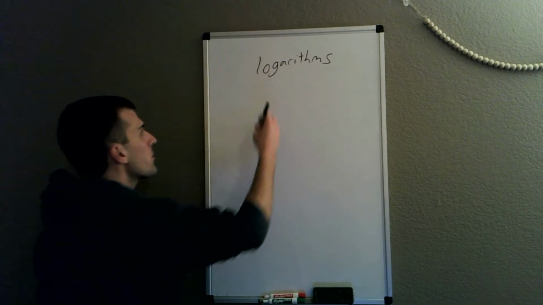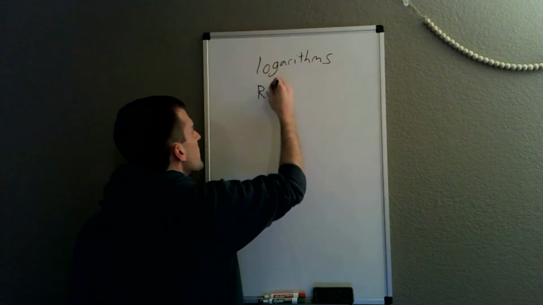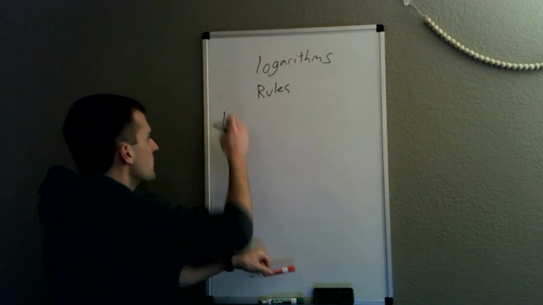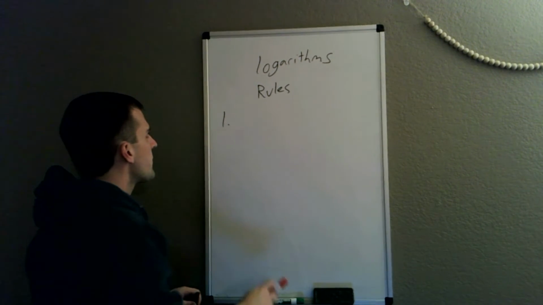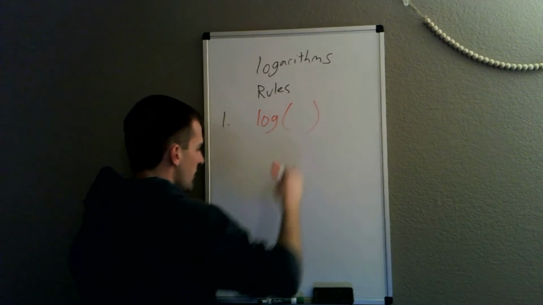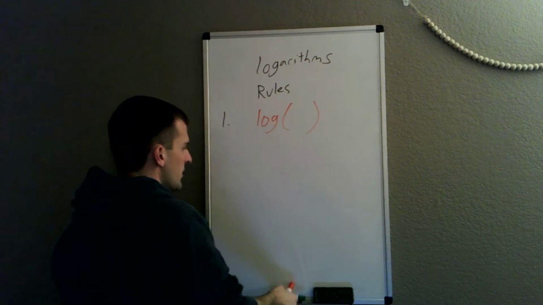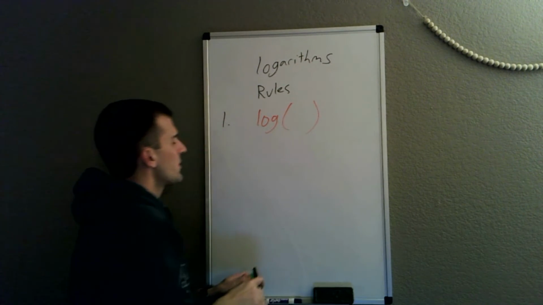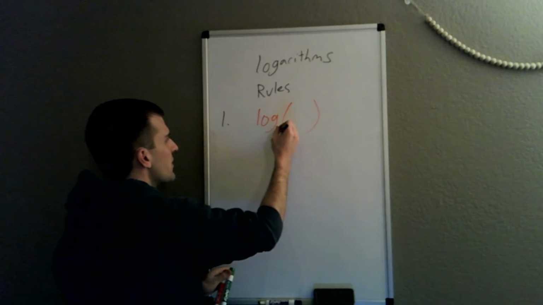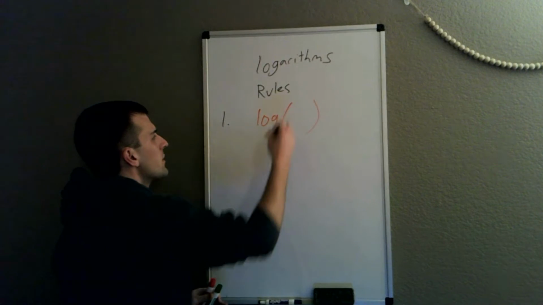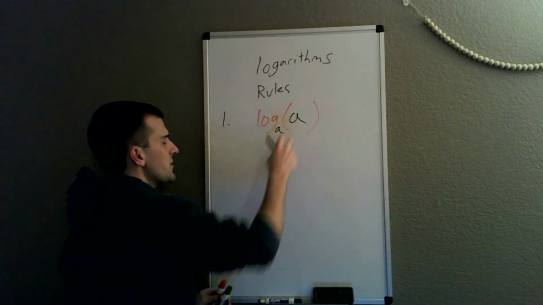So now, logarithm rules. Let me go over a couple of rules. We saw the first rule is when you have a logarithm of some value that has an exponent in it. We'll call it log base a, just because it can be the base of anything. We'll keep that same base so that it cancels out.